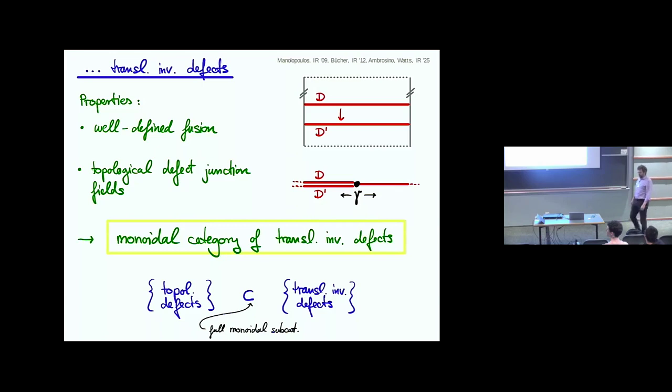So how is this compatible with the relativistic invariance of the theory? Okay. Well, does it have to be? The defect itself could break some conformal symmetry. So the defect is not conformally invariant?